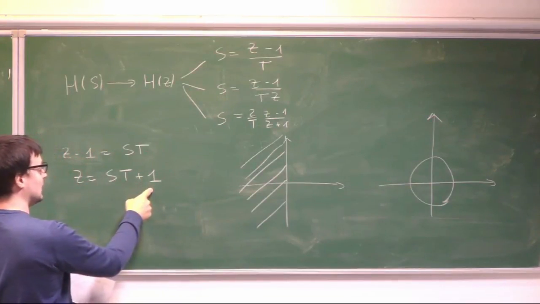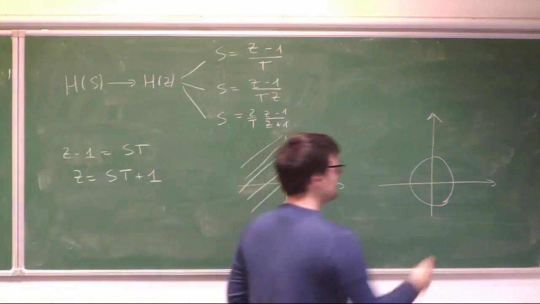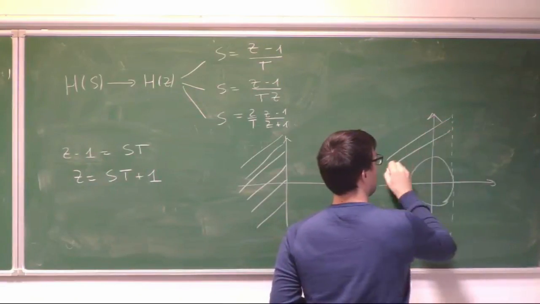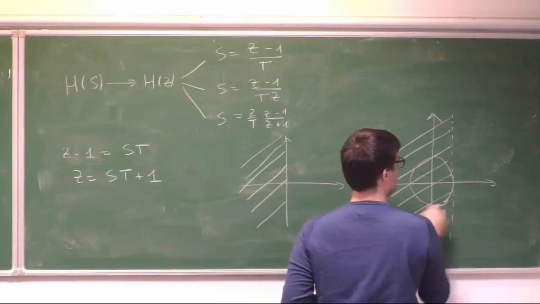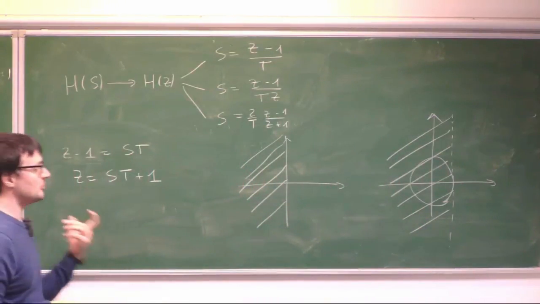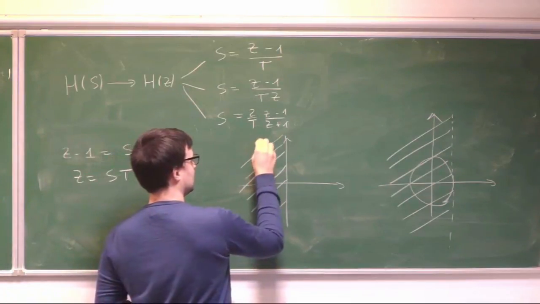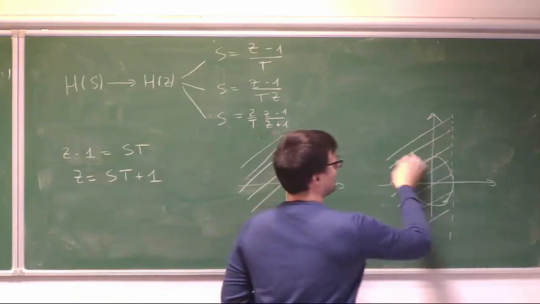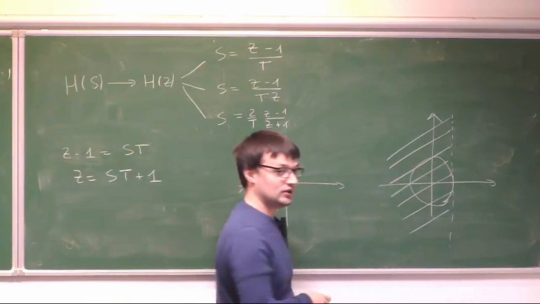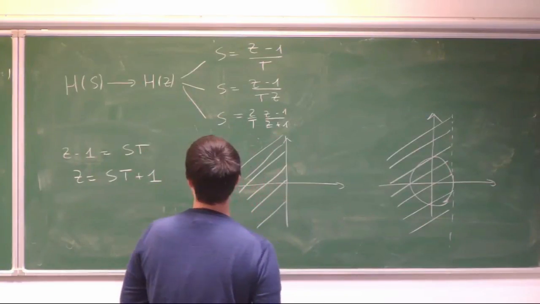So when this is 0, we are at plus 1. So it means that that semi-plane is basically mapped over here. So you see that this discretization algorithm does not preserve stability, because if we select a point over here, this will be mapped somewhere over here, and we don't have a guarantee that it will be inside the unit circle. So this method, the forward difference, does not preserve stability.